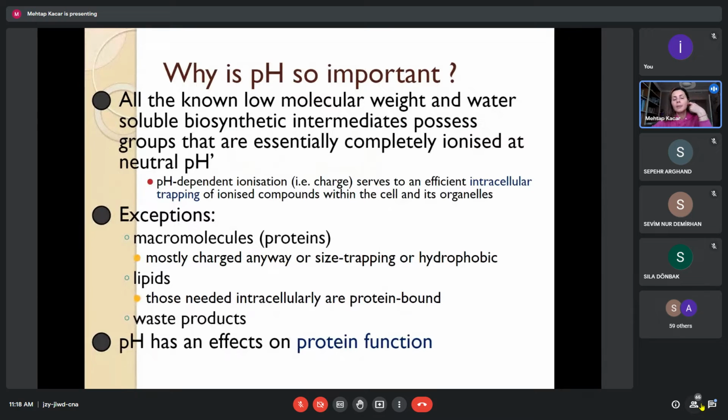And the other one, lipids. Lipids needed intracellularly are protein bound, and we carry them as lipoproteins also. And waste products are exceptions that do not need neutral pH. pH has an effect on protein functions.